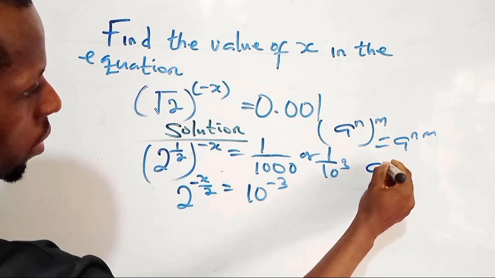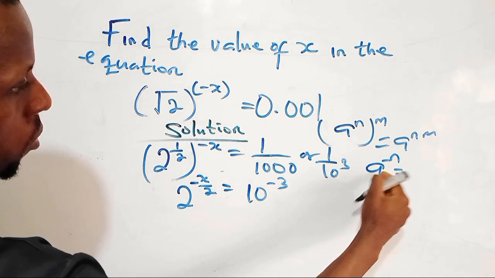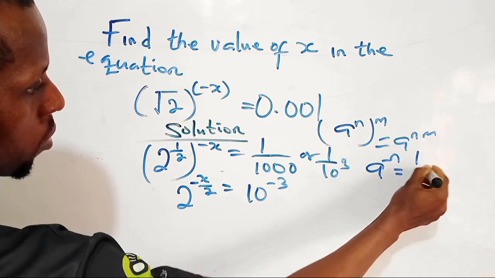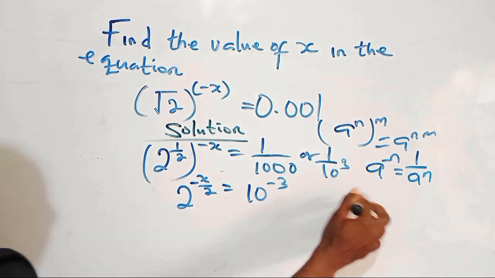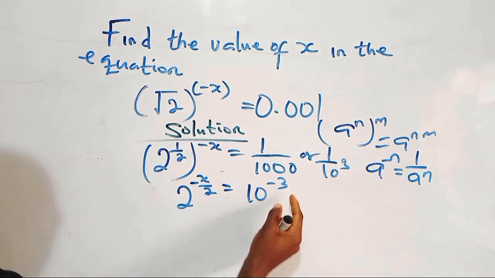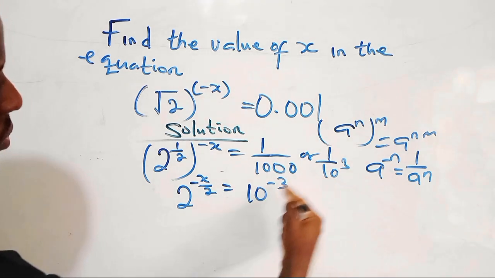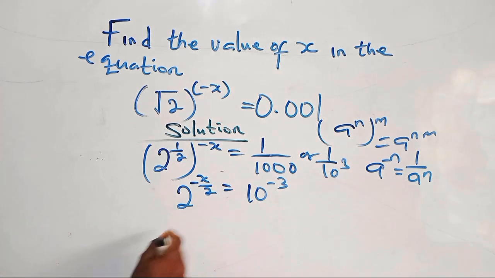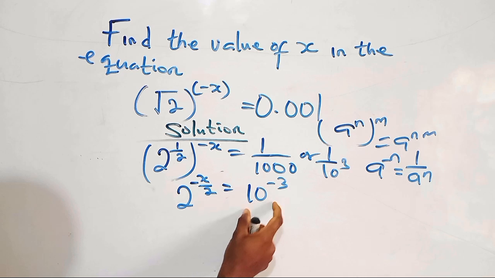When you have a raised to power minus n, the law says it is 1 over a raised to power n. So when you apply this here, you have 10 to the power minus 3.